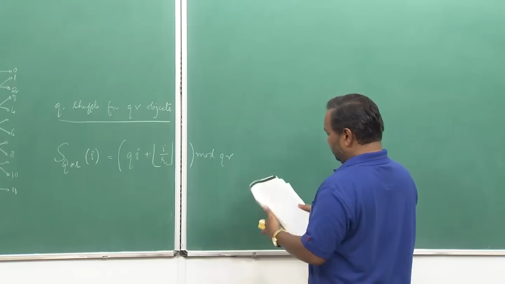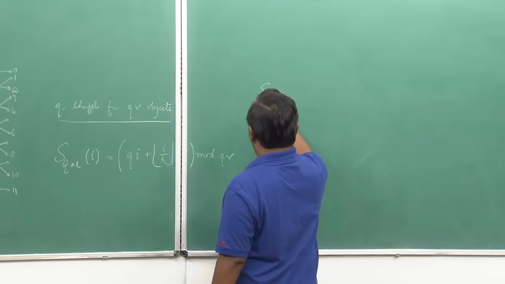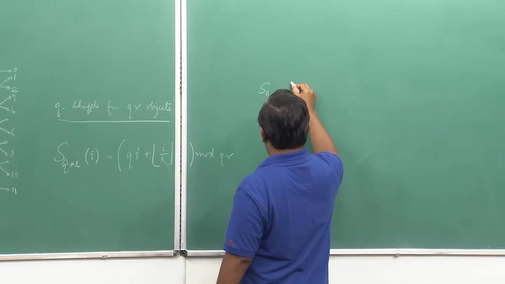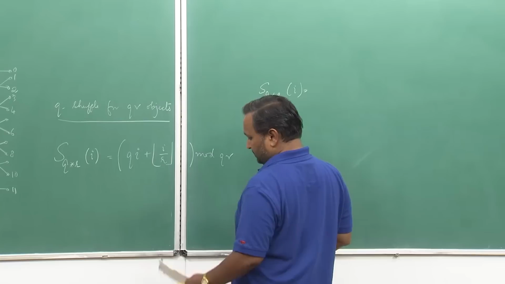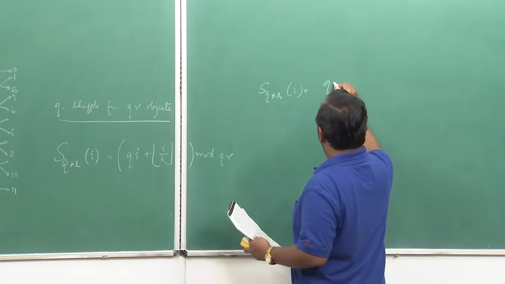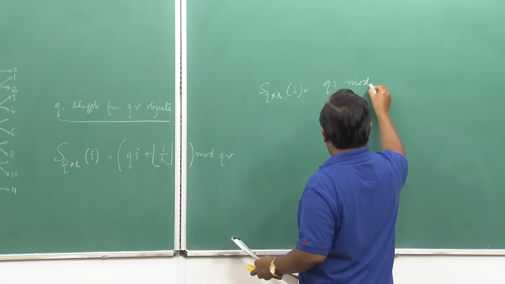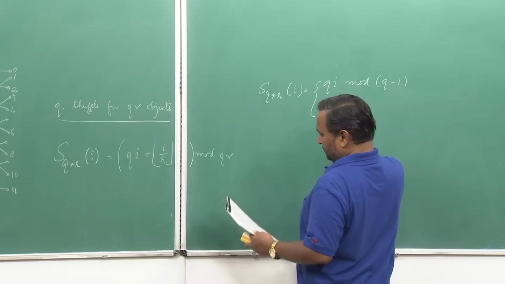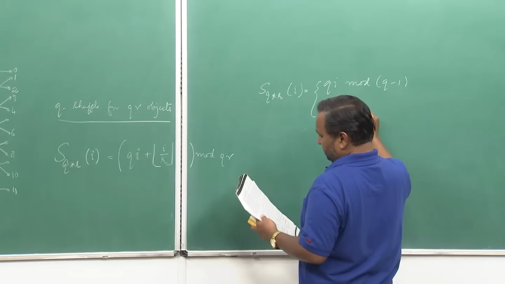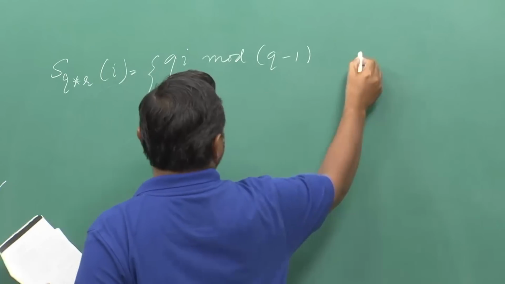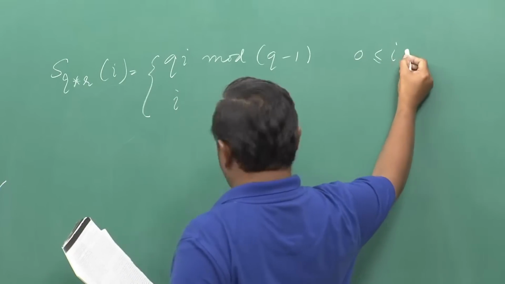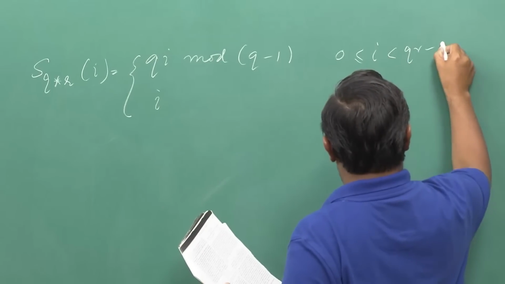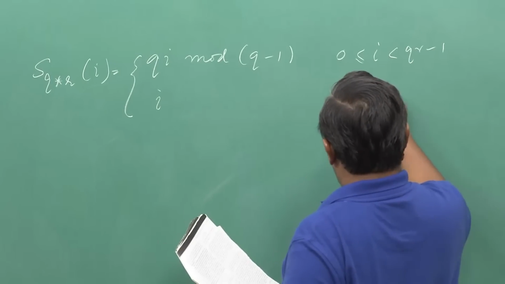So, I can write that QR objects in a Q shuffle can also be written as Qi mod QR minus 1, for i between 0 and QR minus 2, and i is equal to QR minus 1 when i is equal to QR minus 1.